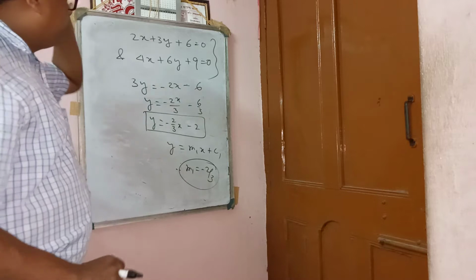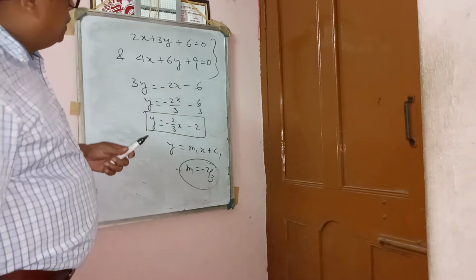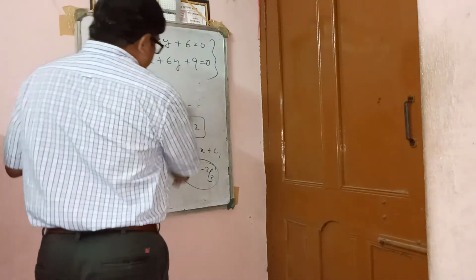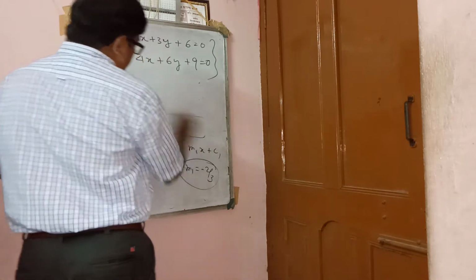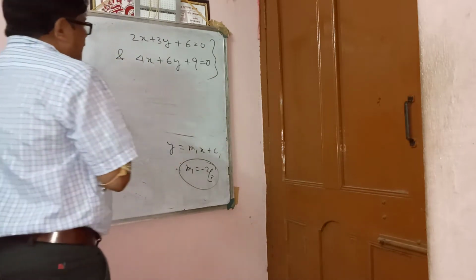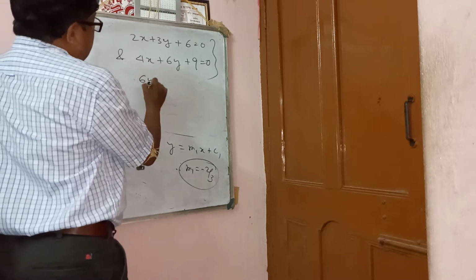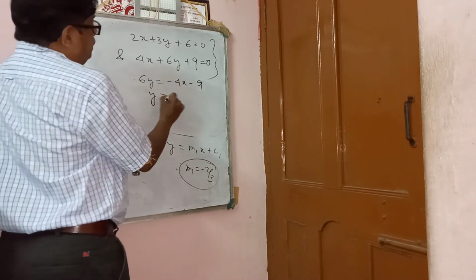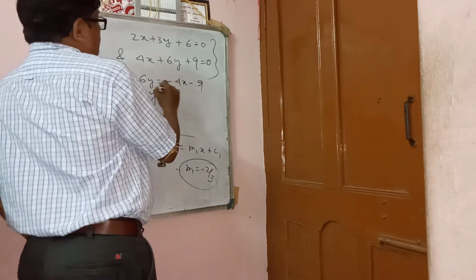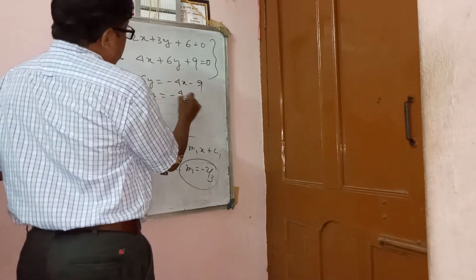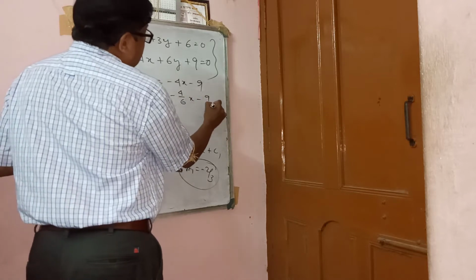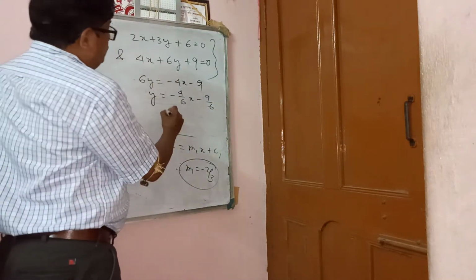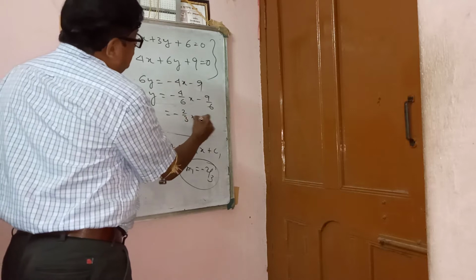Now from the second equation, you have to write 6y equal to minus 4x minus 9. So y equal to minus 4 by 6x minus 9 by 6. So this equation we can write as y equal to minus 2 by 3x minus 3 by 2.